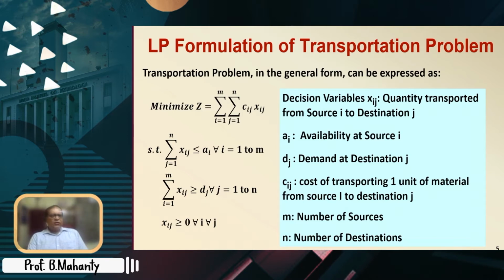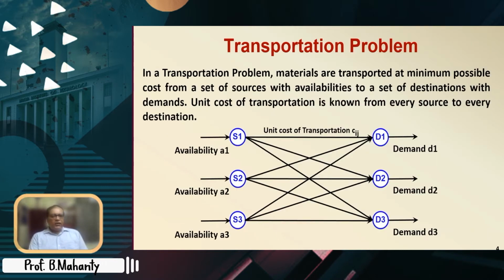Let's go back to that diagram and then it will be clear. This is from source 1. From source 1, the material is transported to all the 3 destinations. So if you sum them, the total material transported from S1 should be less than A1.